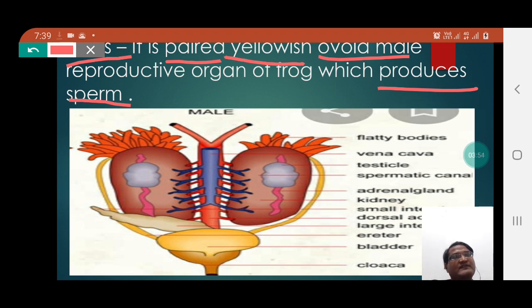So students, this concept of testis we can understand in a better way with the help of this diagram. Students, we can easily locate here the testis, which you can notice here also, and the main function of which is to synthesize the sperm.